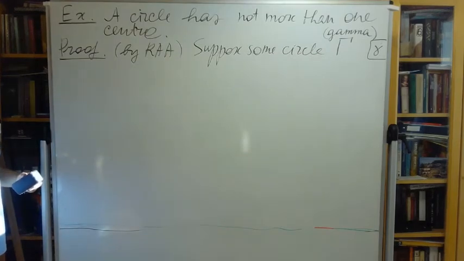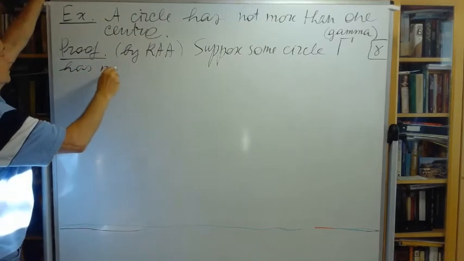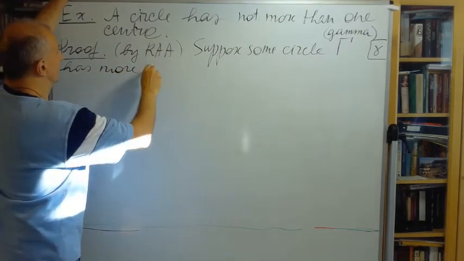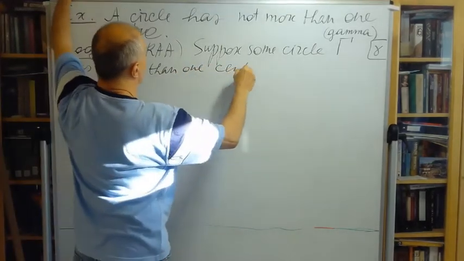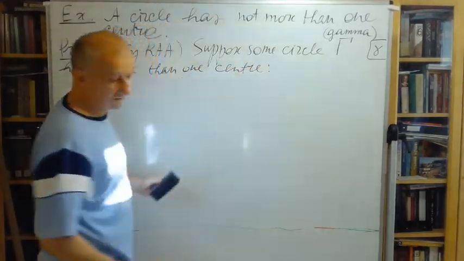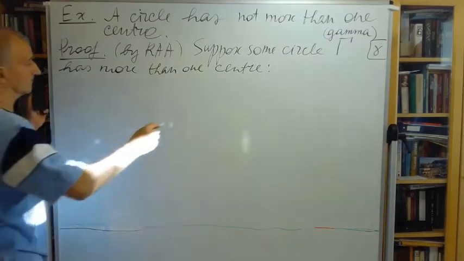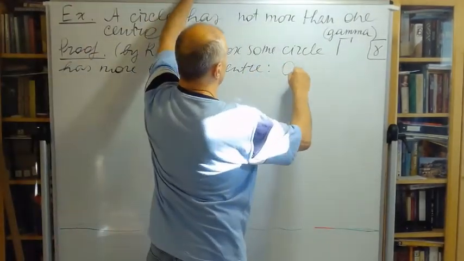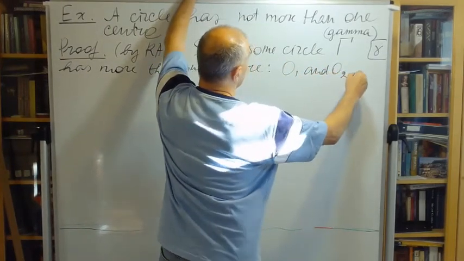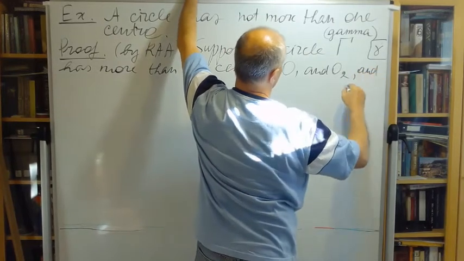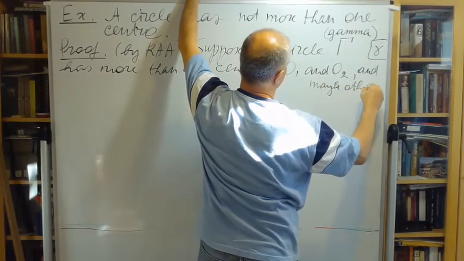Suppose some circle gamma has more than one center, O1 and O2, and maybe others, I don't know.